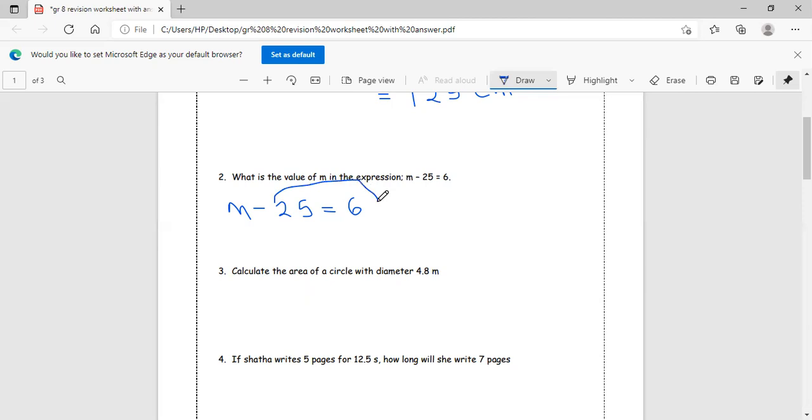When I do that, this sign is going to change to plus. So my m will be equal to 6 plus 25, and that is equal to 31. So it means my m is 31. So you can see how simple this is also.